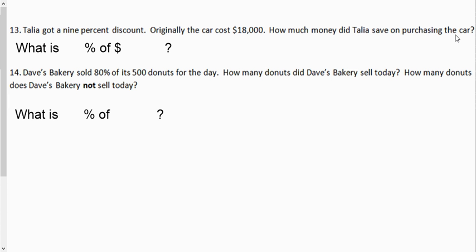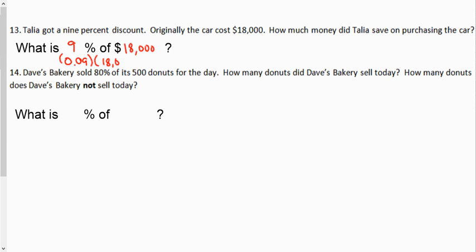Now, let's get back to this real quick. Talia got 9% of a discount for a car that originally cost $18,000. So we don't know how much she paid. We just know originally before the discount it was 18 grand. So we've got to figure out what is 9% of 18,000.